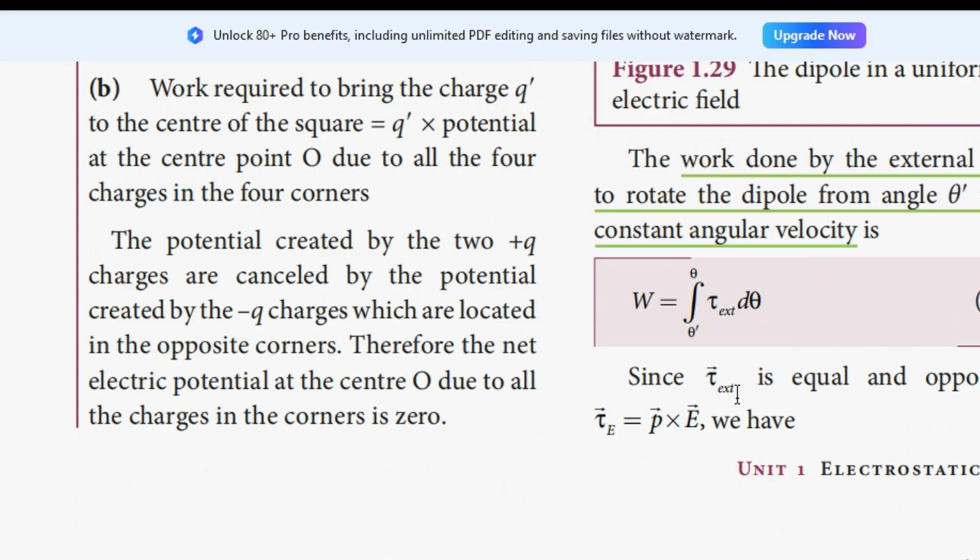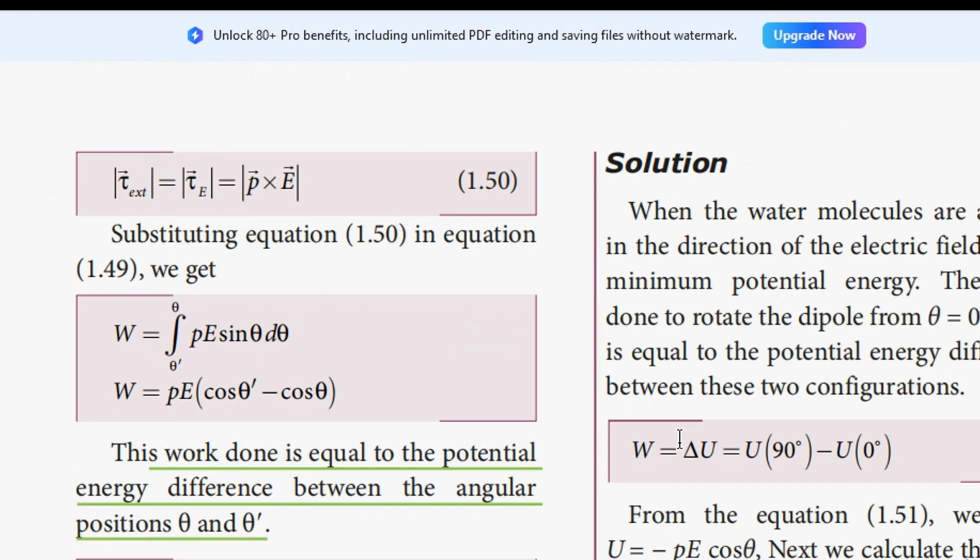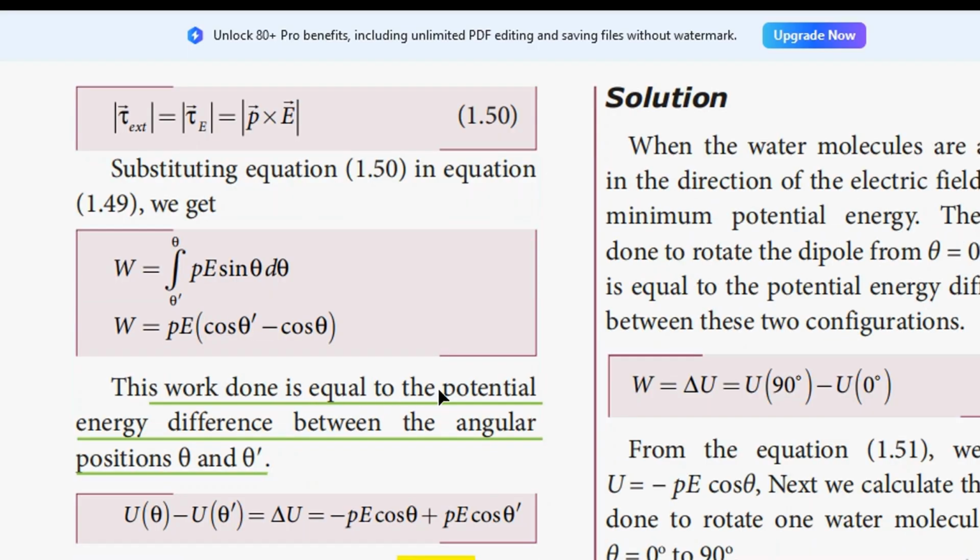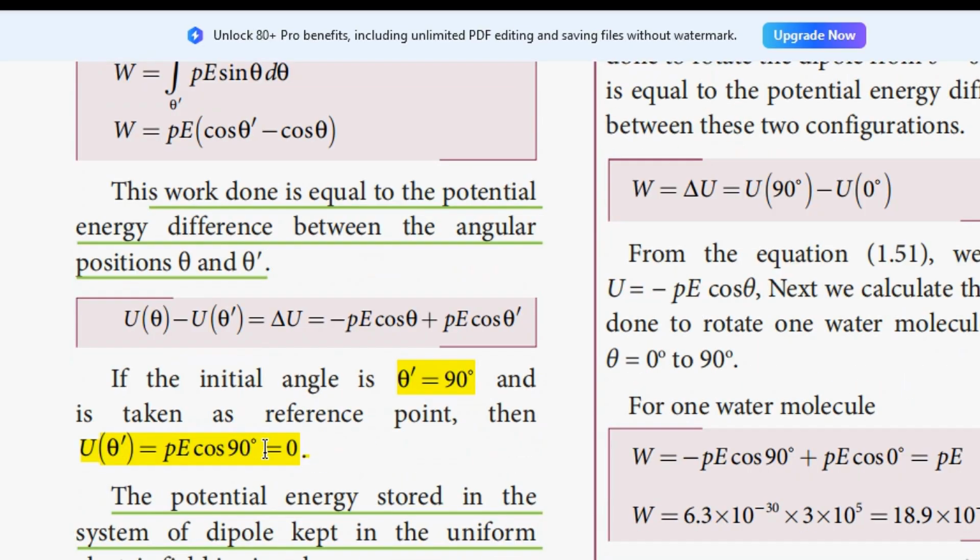Since this external torque is equal and opposite to the torque tau E equal to P cross E, substituting this in 1.49, we have W equal to P times cos theta dash minus cos theta. This work done is equal to the potential energy difference between the angular positions theta and theta dash. So U theta minus U theta dash equal to delta U equals minus P cos theta plus P cos theta dash.